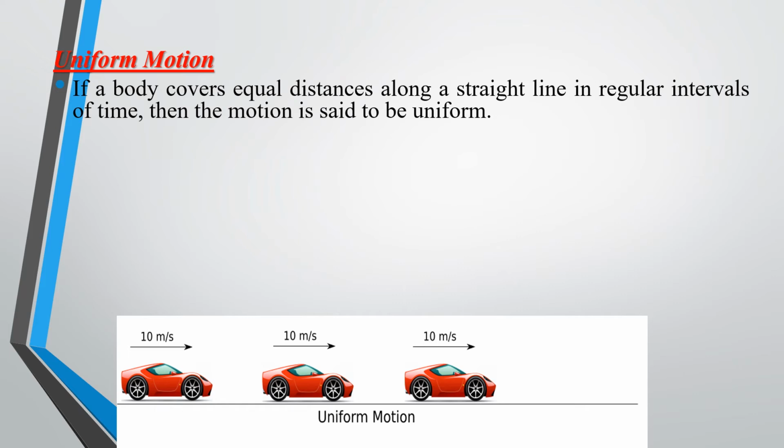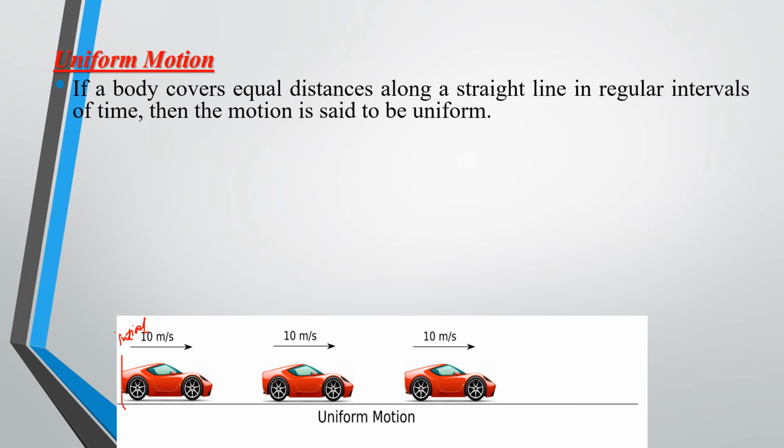If a body covers equal distances along a straight line in regular intervals of time, then the motion is said to be uniform. See here, this is the initial position of this car. It started with a speed of 10 meter per second.